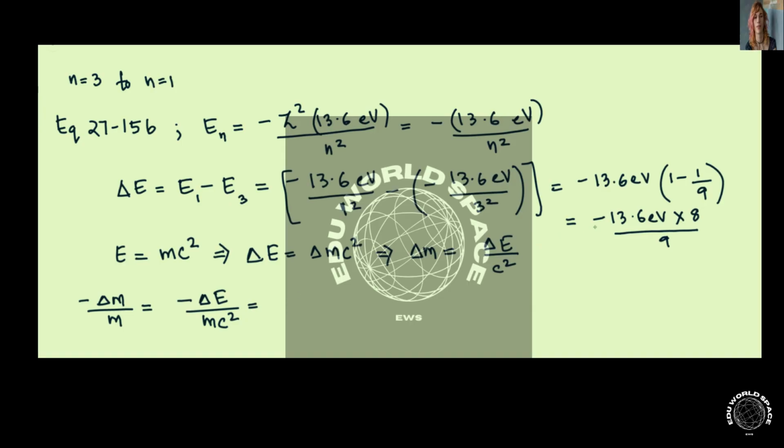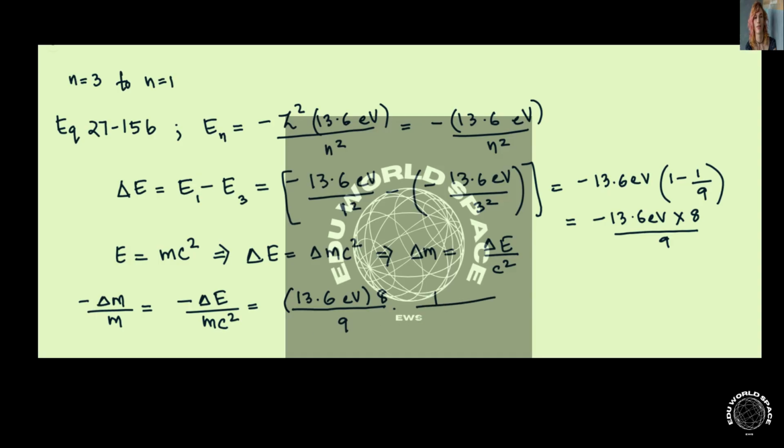So negative of negative is positive, so it will be then electron volt times 8 over 9, and we have 1 over m c square.